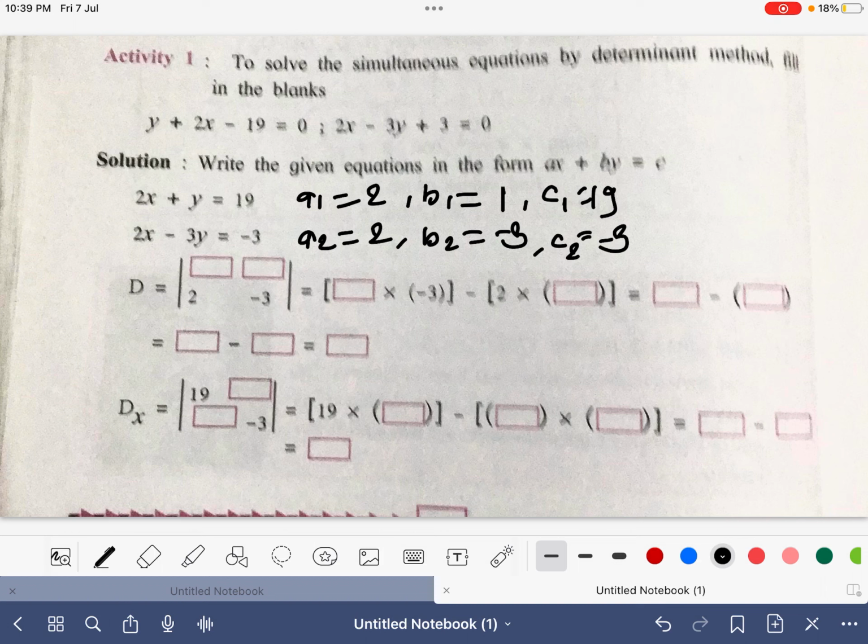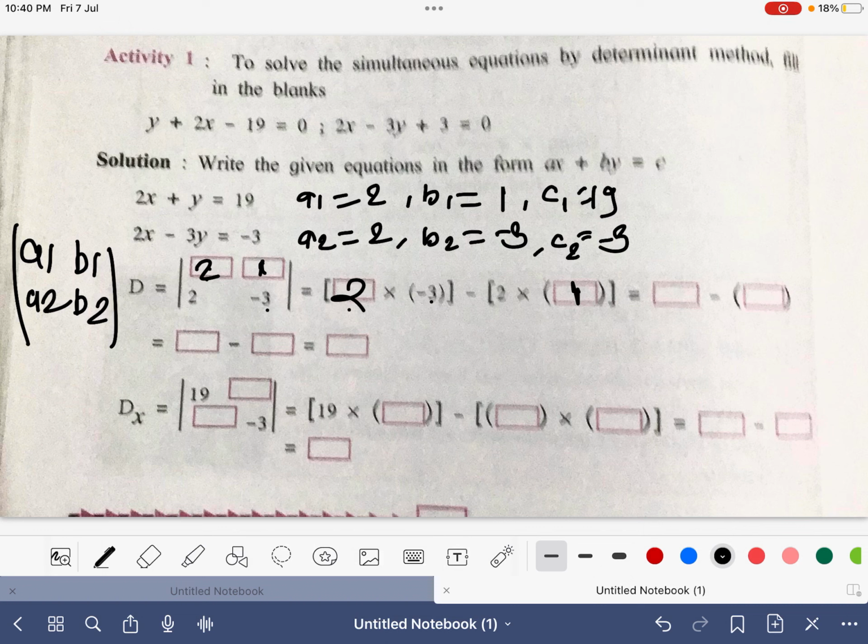So we know that d is equal to ab, and the formula is a1 a2 b1 b2. So write down the determinant. a1 is 2, a2 is also 2. Now b1 is 1, b2 is minus 3. Clear? Now let's multiply: 2 into minus 3 minus of 2 into 1.